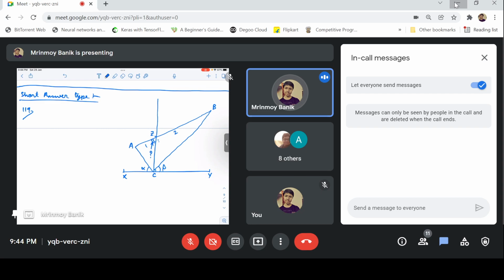Sine A is sine of 90 minus theta plus alpha, so this is cos of theta minus alpha. Sine C is cos alpha. This is sine theta.